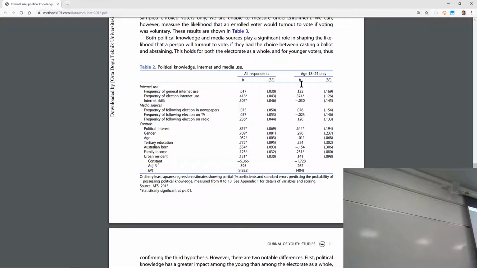Times 2. So 0.08 is basically 0.1, right? Multiply that by 2, 0.2.